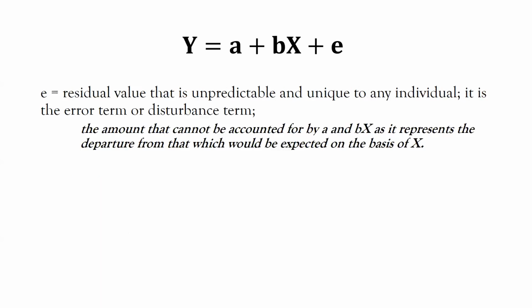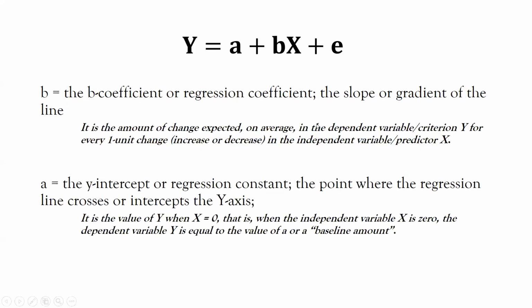the baseline amount. E, as I've said, is the error term or the disturbance term. It's the residual value that is unpredictable and unique to any individual. It is the amount that cannot be explained by your slope or by your y-intercept.